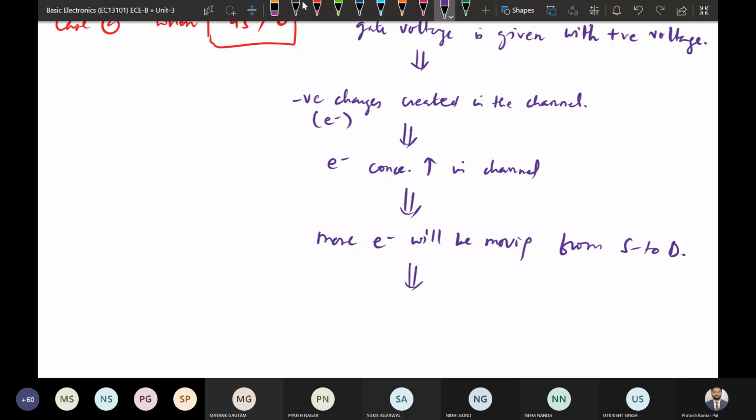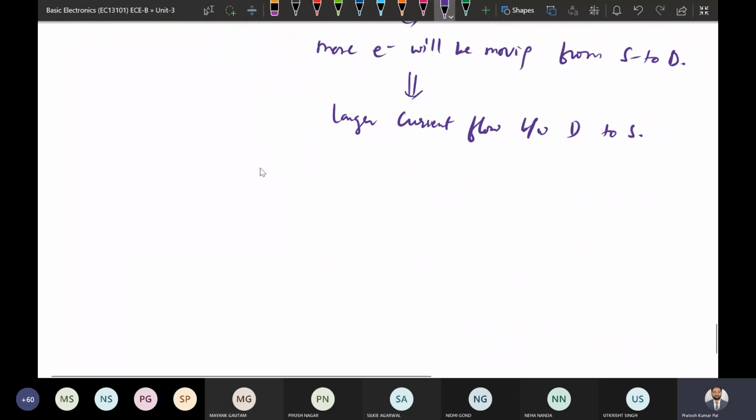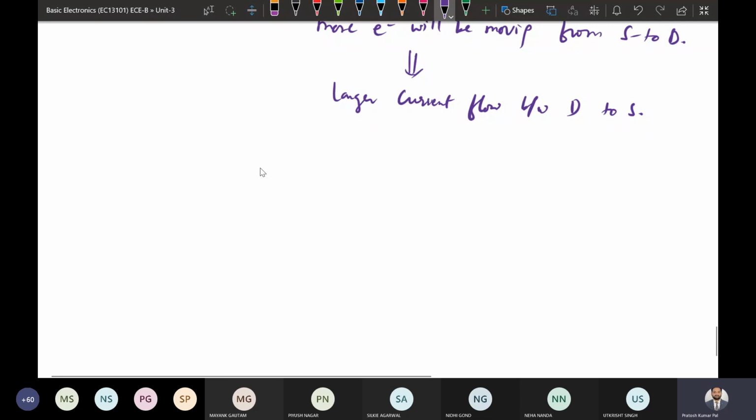That means larger current flows between drain and source. So there will be larger current flowing between the source and drain. So if we apply a gate to source voltage greater than 0, more current will be flowing. Okay.